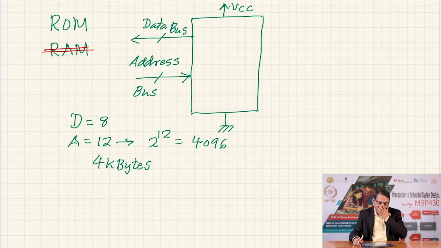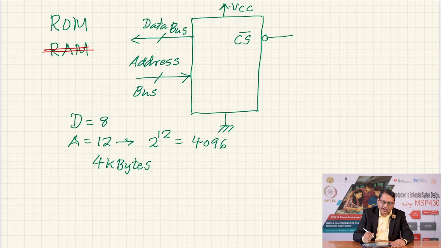Apart from the data bus and the address bus, it also requires a few control signals, and these control signals are referred to as chip select. And you see I have drawn a bar over that signal, meaning chip select bar, and to also indicate that this is an active low signal, there is a bubble, which means to select this chip out of perhaps several other chips that you would have connected on the microprocessor buses.